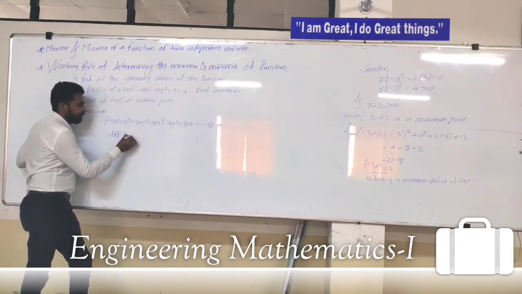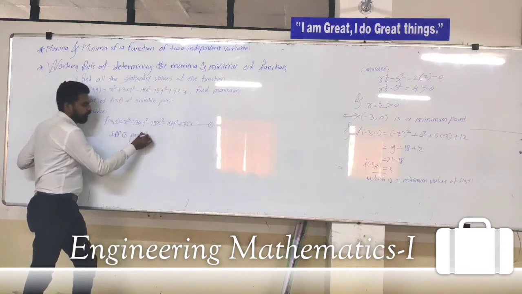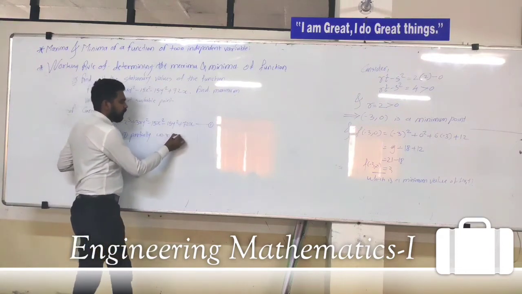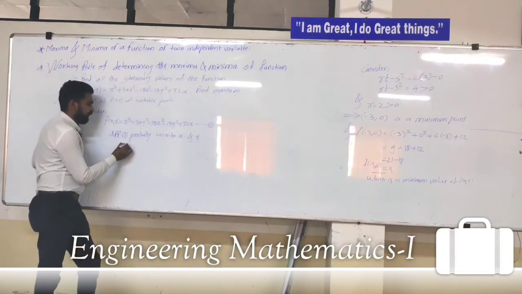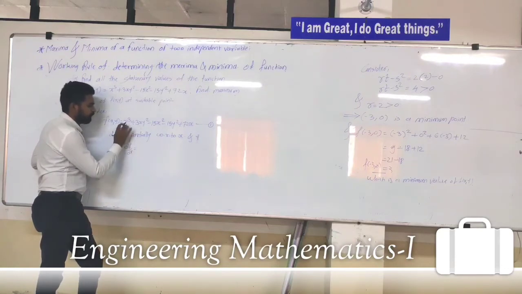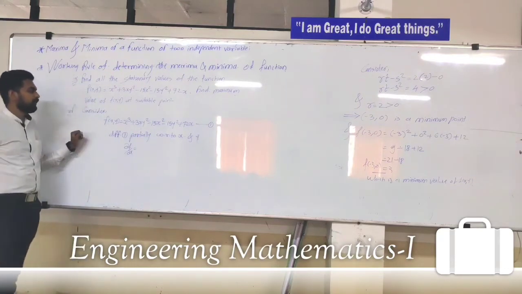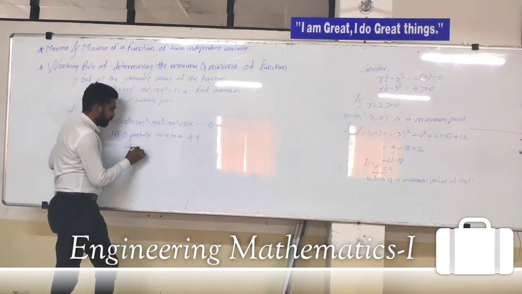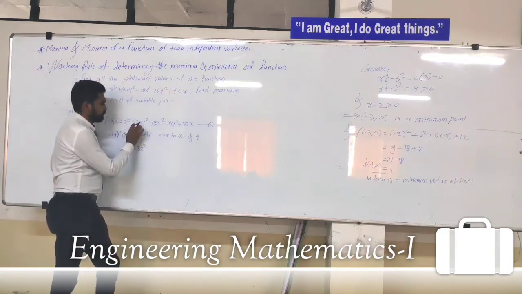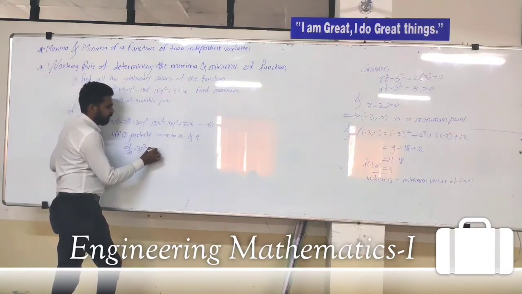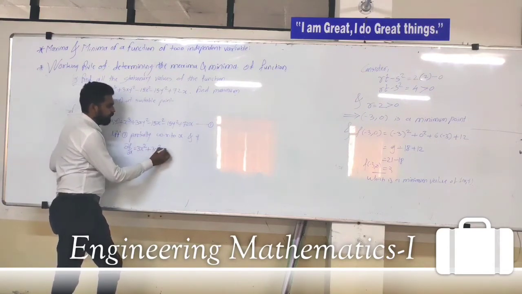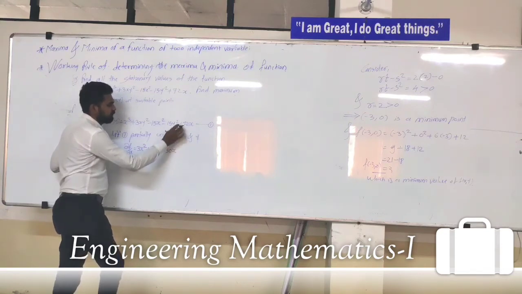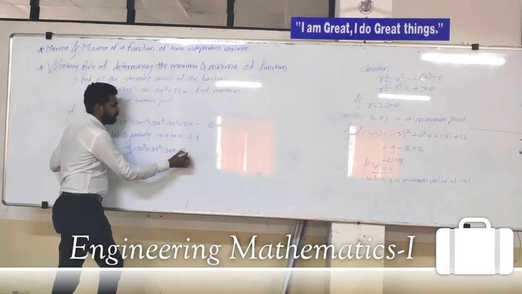Differentiate 1 partially with respect to x and y. So we get del f by del x is equal to, differentiating with respect to x first, we get the derivative of x cube, 3x square, plus 3y square, 3y square is a constant, derivative of x is 1, minus 30x plus 72.